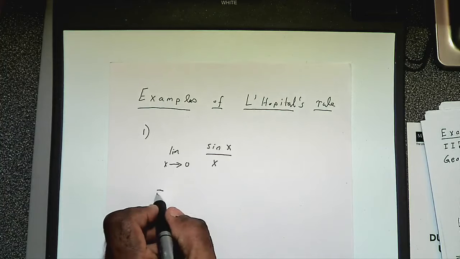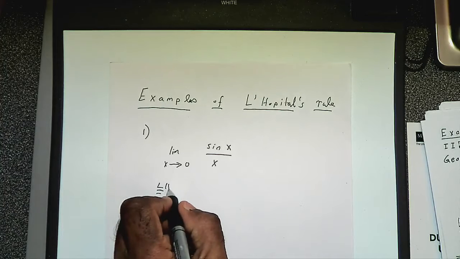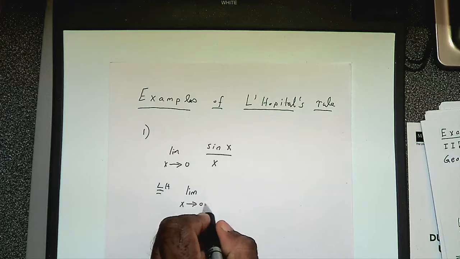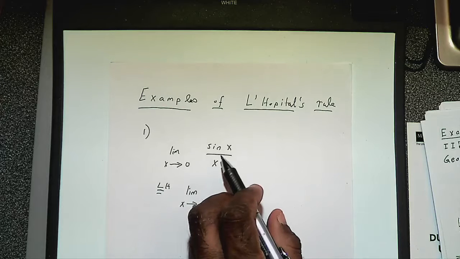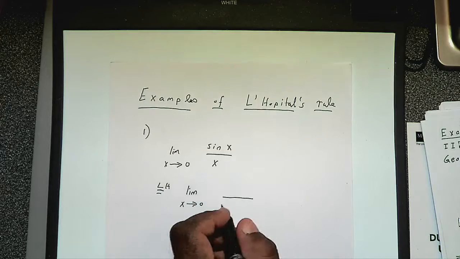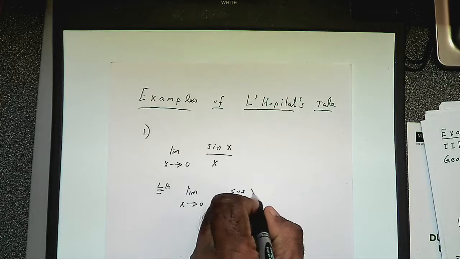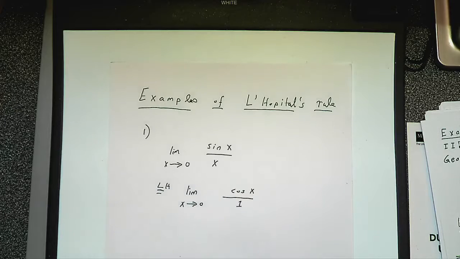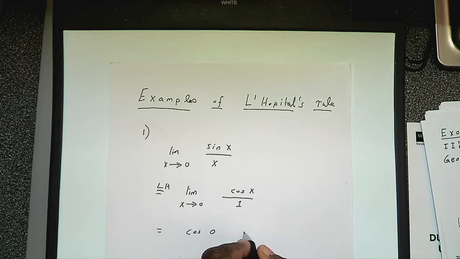If you use L'Hopital's rule, the derivative of sine of x is cos of x, and the derivative of x is 1. So this becomes cos of 0, which is 1.